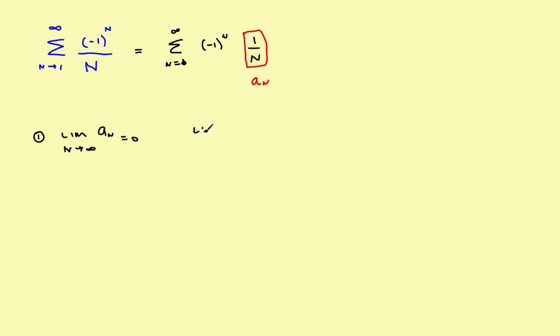In this case, it was pretty easy to do. We'll take the limit as n approaches infinity of 1 over n. As n goes to infinity, this entire term would go to 0. So that limit does go to 0. So this is true. It passed the first condition. You're okay there.